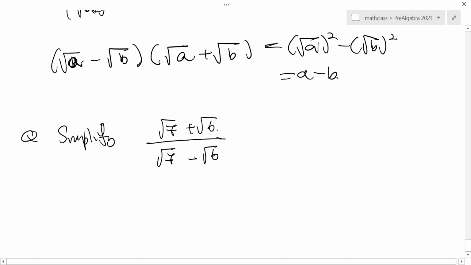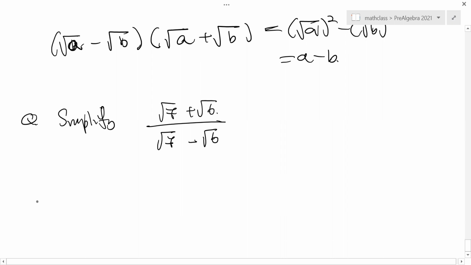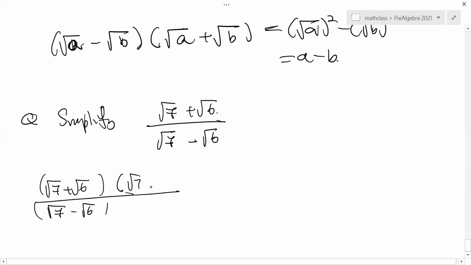I want to get an expression without radicals in the denominator. How can I do that? Without the radical in the denominator, I need to make it more complicated. I multiply the numerator and denominator by the same factor, but I change the sign.